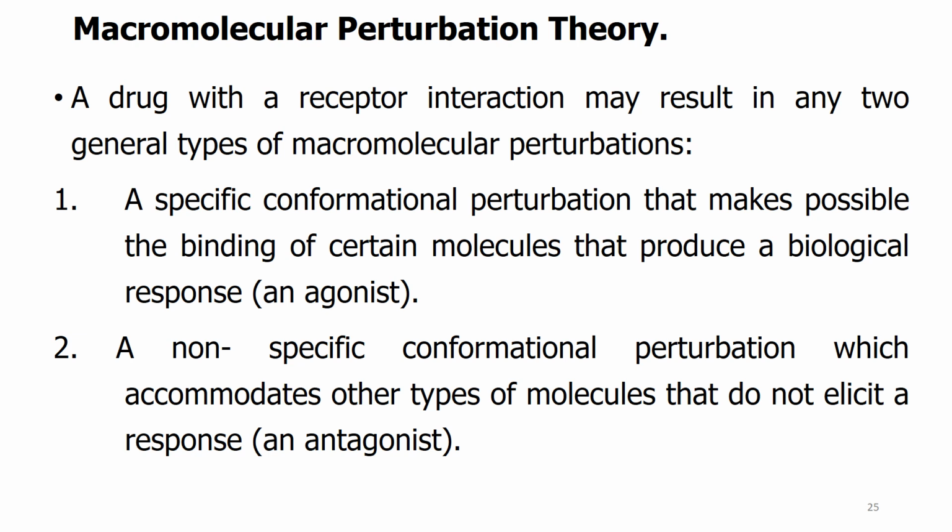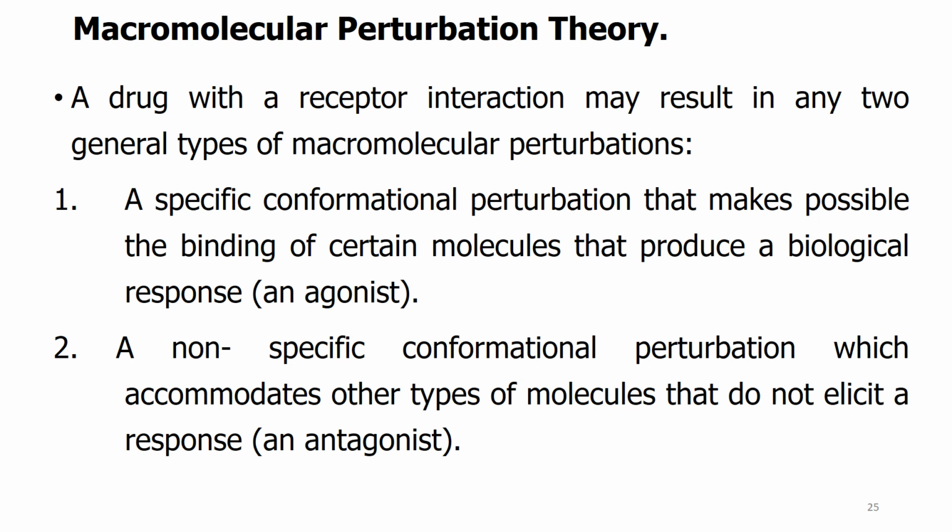Now, macromolecular perturbation theory. In this theory, a drug-receptor interaction may result in two general types of macromolecular perturbations. First, a specific conformational perturbation that makes possible the binding of certain molecules that produce a biological response. That molecule we refer to as agonist. Secondly, a non-specific conformational perturbation which accommodates other types of molecules that do not elicit response.